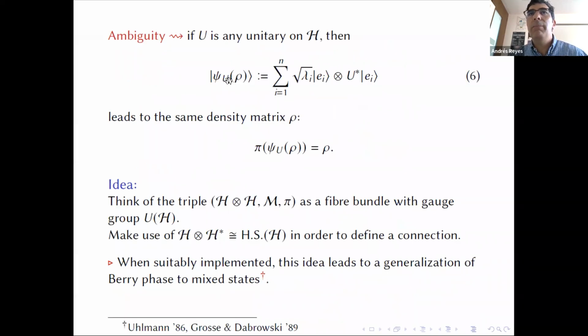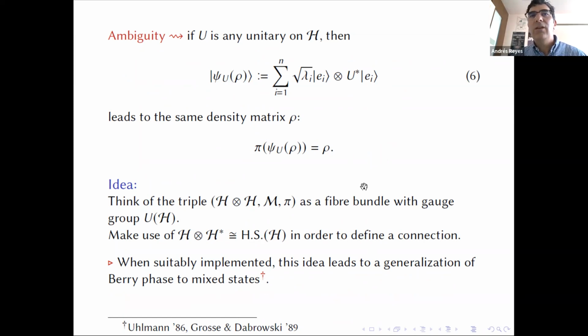So this appears to be like a gauge symmetry. Now let me define a modified pure state psi u by multiplying with a unitary operator here. When I compute the density matrix coming out of tracing out over this state, I will get the same one.